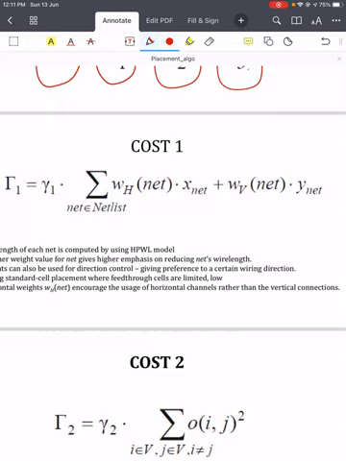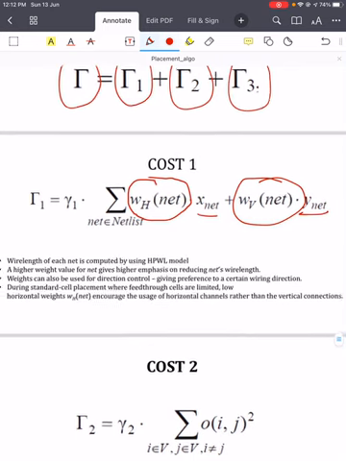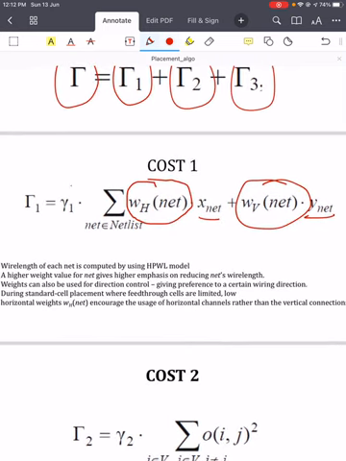Here you can see this is the horizontal span and this is the vertical span of a net, and we impose a weight for each direction: the horizontal weight WH and the vertical weight WV. Now there is another term, the small gamma 1, which is the priority weight of cost 1.